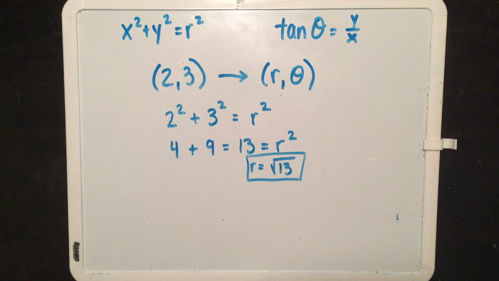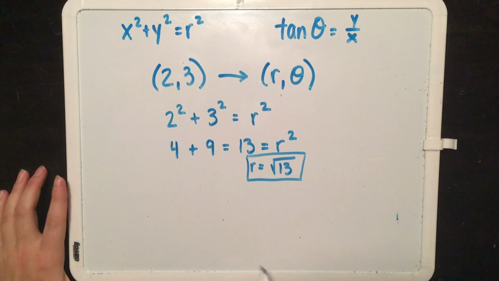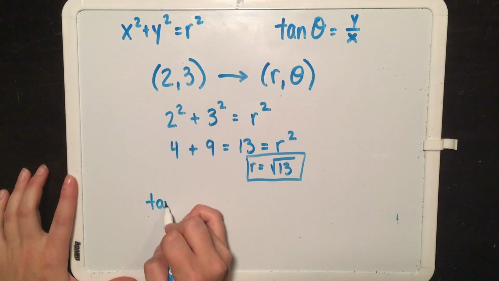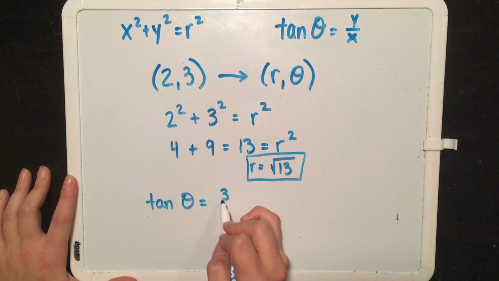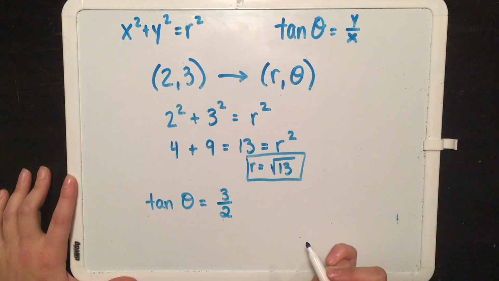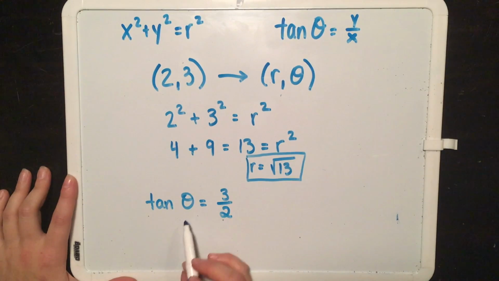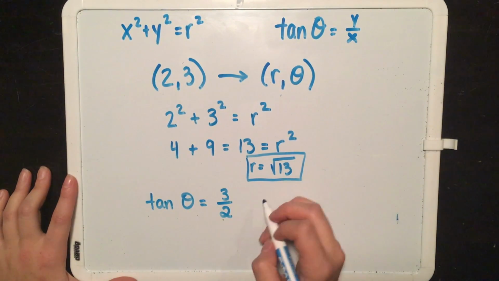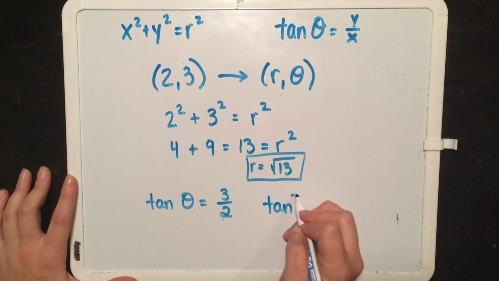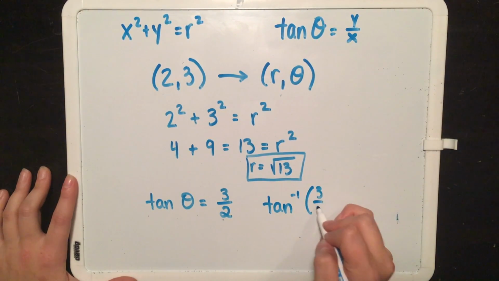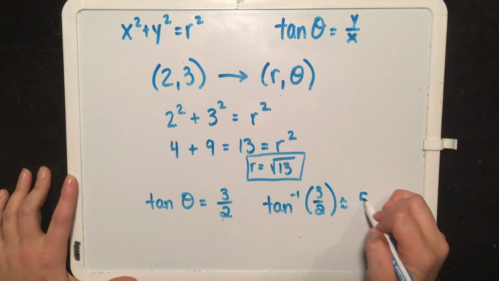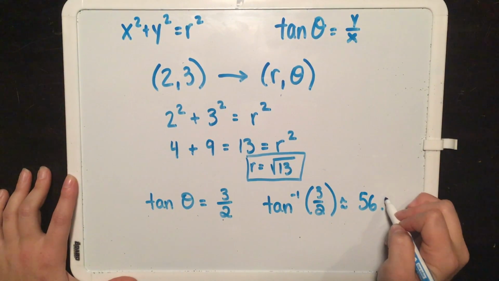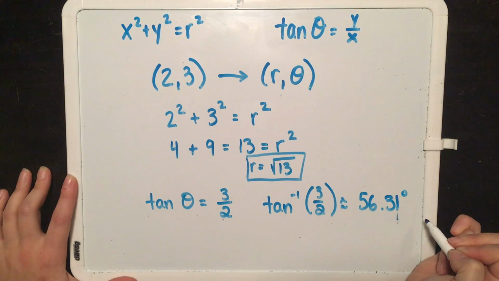We'll use our tangent formula to find theta. Tangent of theta equals y over x, which is 3 over 2. So in order to find theta, we have to take the inverse tangent of both sides. And if you plug into your calculator the inverse tangent of 3 over 2, you'll get approximately 56.31 degrees.